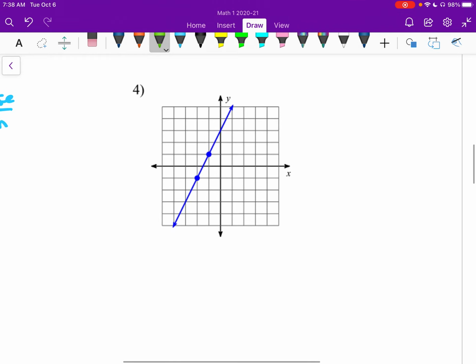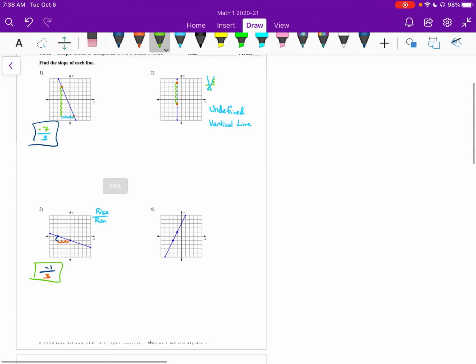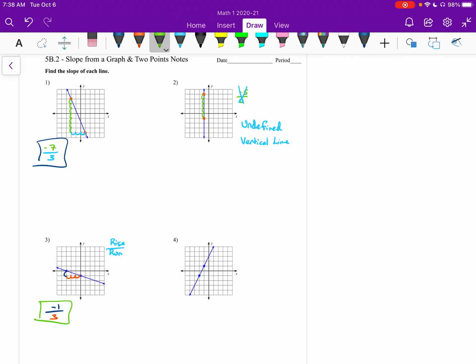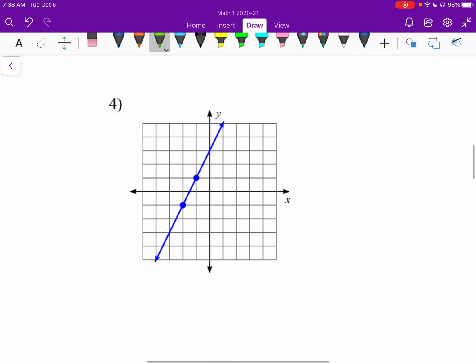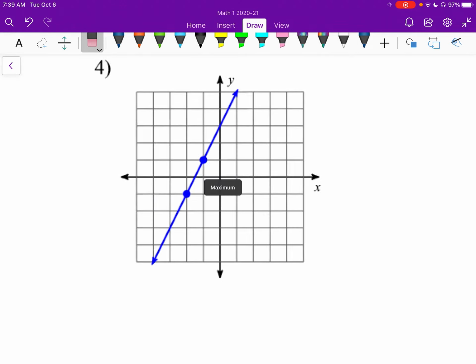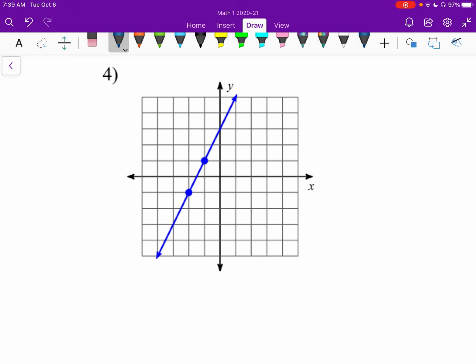All right, number 4. Now something to notice about number 4. Number 4 is our first line that is going up, right? If we had our car here, that's a really good car, I know. And it's driving this way, it's having to go uphill. So we're going to have a positive slope. So let's look at our 2 points here. We want to do rise over run.